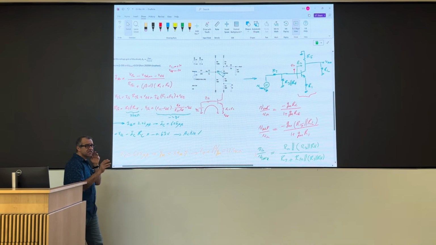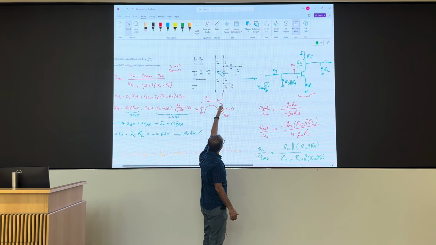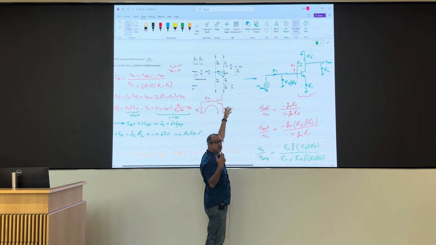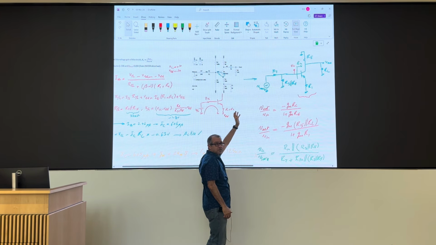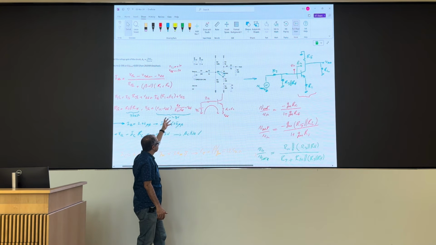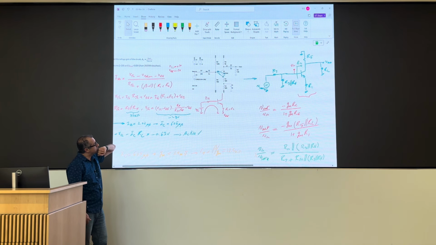You have to have an estimate for GM. So GM is about 24 millisiemens. GM RE, if I know it is about 5, then I ignore whatever R pi does in this way. So input resistance, I assume it is GM RE times R pi, so beta RE1. And then do all the calculations relatively quickly from that point on.